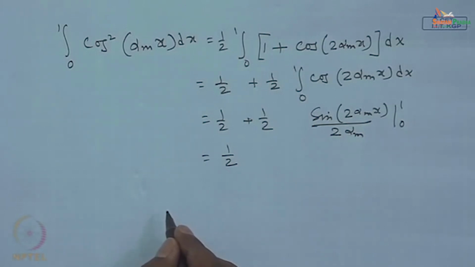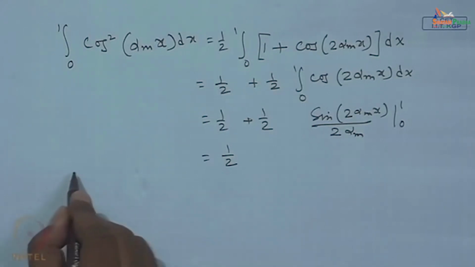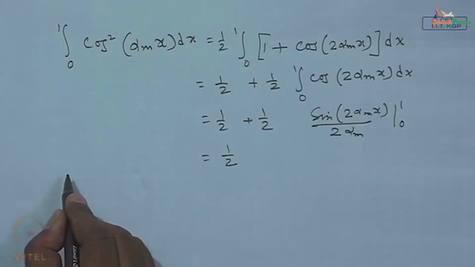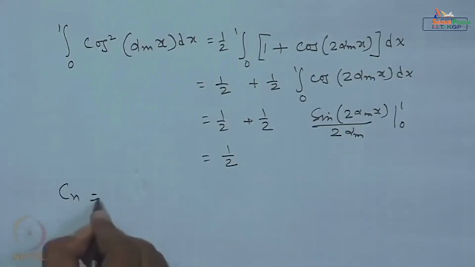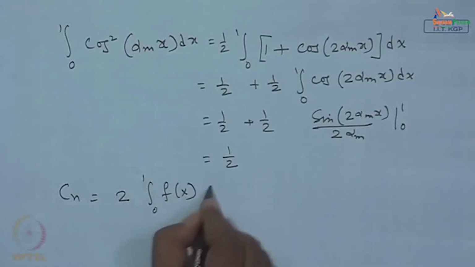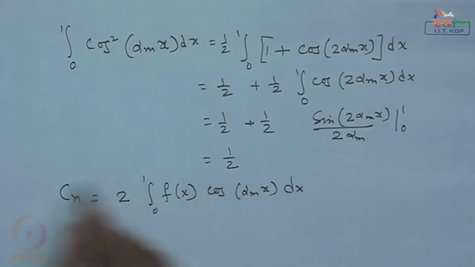So, the final form is f of x, and C n will be nothing but 2 times the integral from 0 to 1 of f of x cosine alpha m x dx.